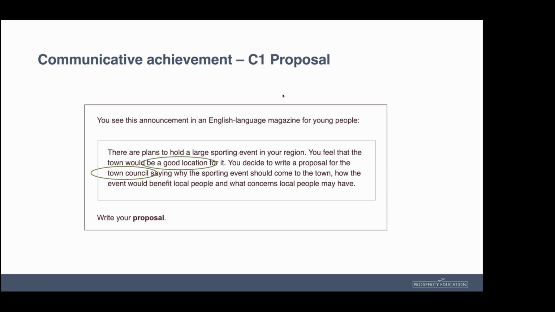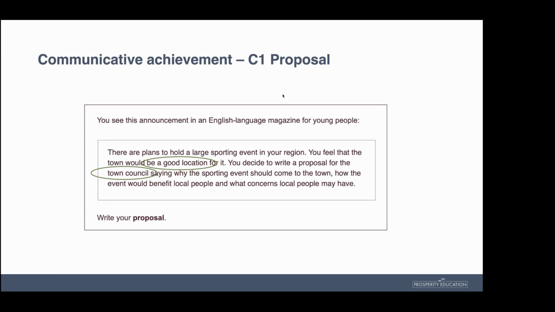Adding to that, thinking about writing a proposal, we're thinking about the audience and how we get a proposal over to them. So we expect the suggestion should be clearly made. They're talking about a good location, making sure it's a good location, and we're talking to the town council.